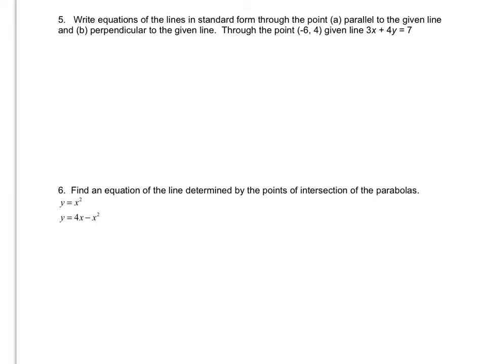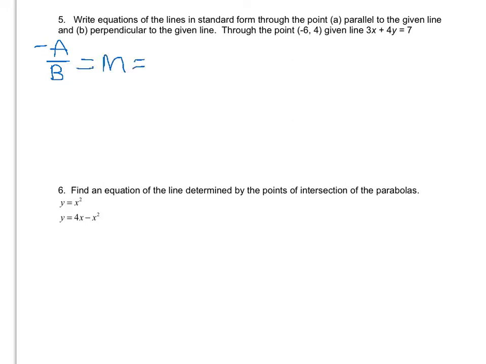This problem asks you to write equations for a parallel and perpendicular line to 3x plus 4y equals 7. And it has to be through the point -6, 4. So first of all, we have to find the slope. Well, if you take the equation that was given, and if you do -a over b, I don't know how many of you remember, that is the slope of any line in standard form.